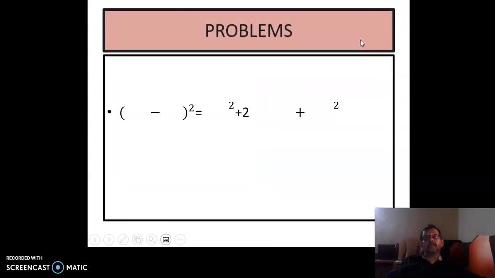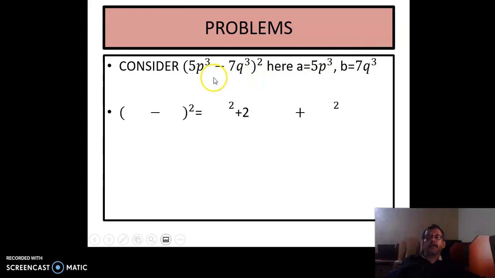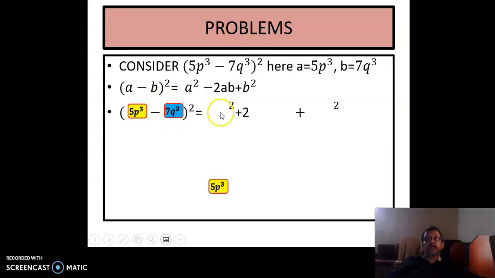So let us take another problem. (5p cube minus 7q cube) whole squared. Here a equals 5p cube, b equals 7q cube. So (a minus b) whole squared: substitute a equals 5p cube, b equals 7q cube. So (5p cube) whole squared minus 2 into 5p cube into 7q cube plus (7q cube) whole squared.